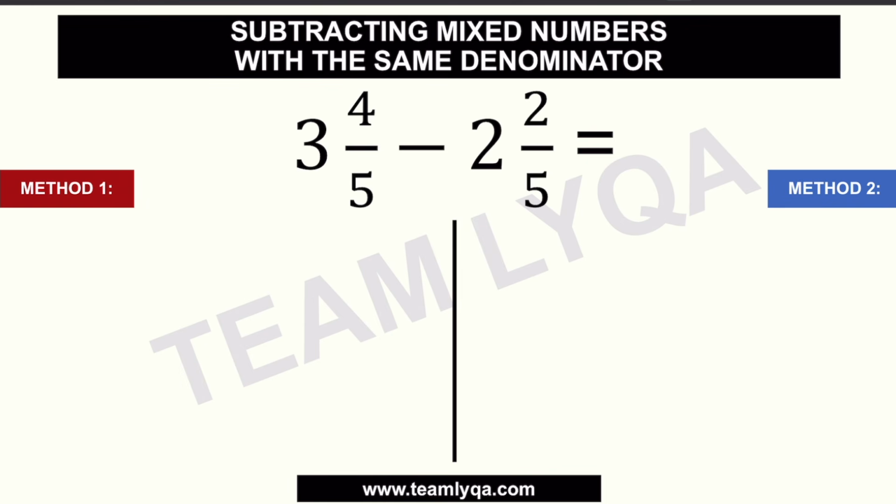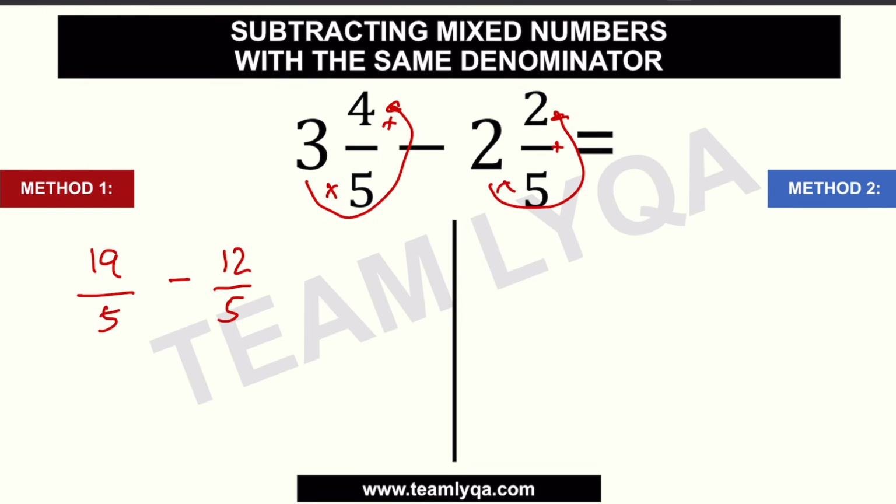The instruction is the same when we subtract mixed numbers with the same denominator. Convert them first to improper fractions. So, if I rotate this, no, 3 times 5 plus 4, this is 15 plus 4, this is 19 over 5. Then, minus, rotating this, this will be 2 times 5, 10 plus 2, 12 over 5.